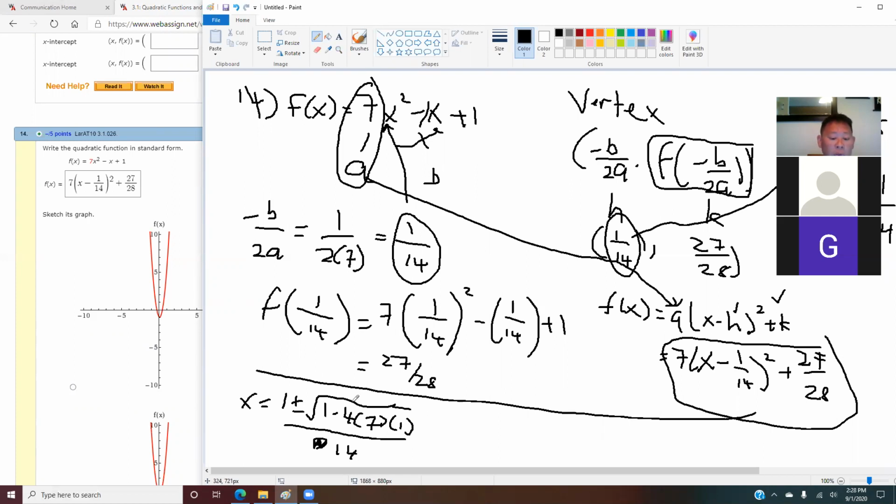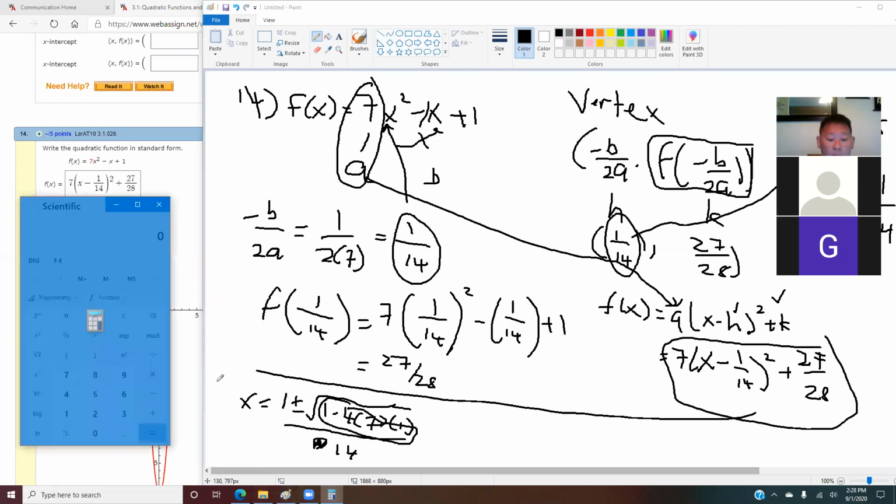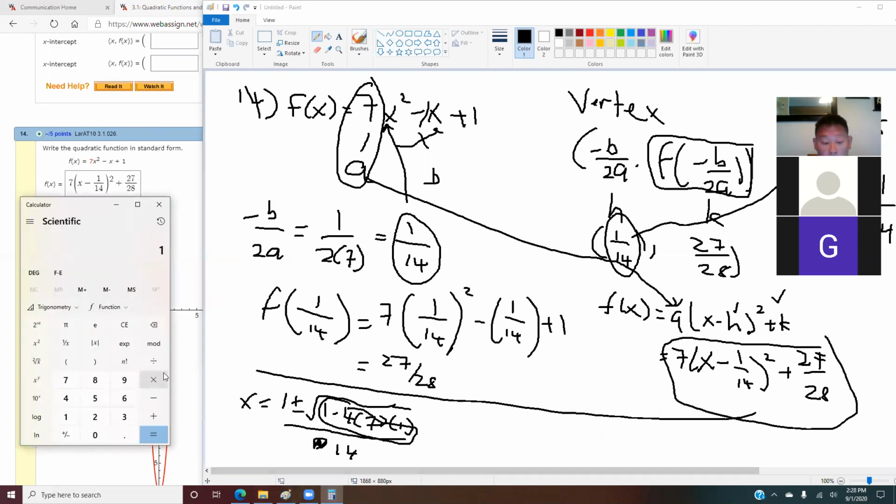And then again, we will use your calculator to do this piece. So it's 1 minus 28, because 4 times 7 times 1 is 28. So 1 minus 28 is negative. So this is the square root of negative 27.